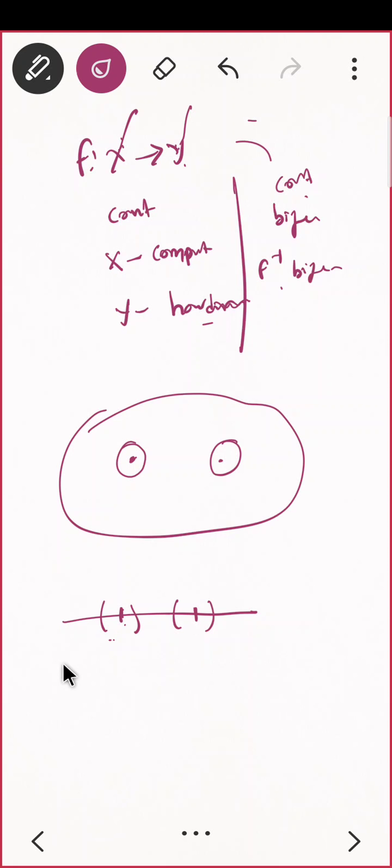You just search this word homeomorphism in Google, and you'll get to know what the homeomorphic invariants are. Why are they important?